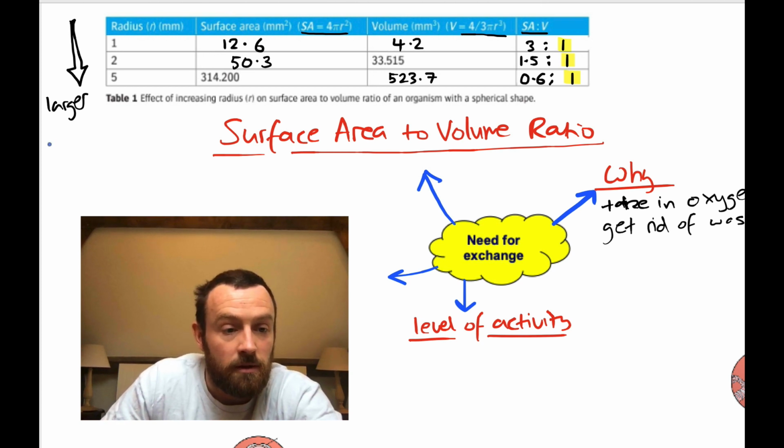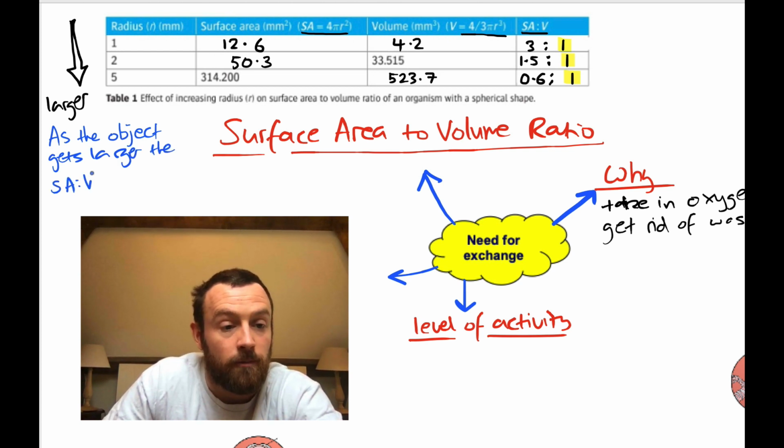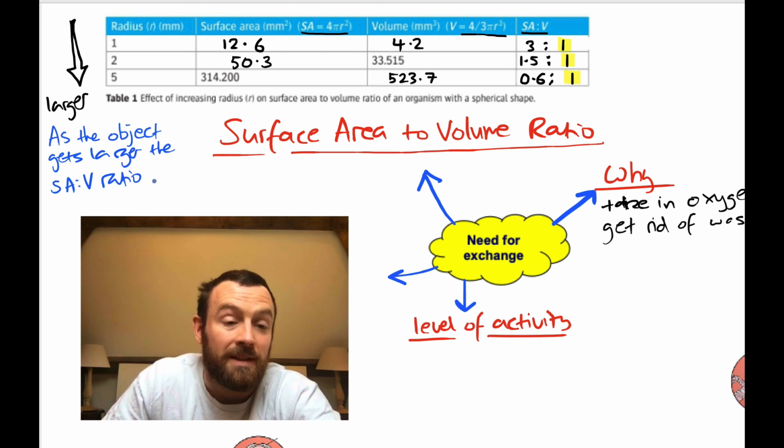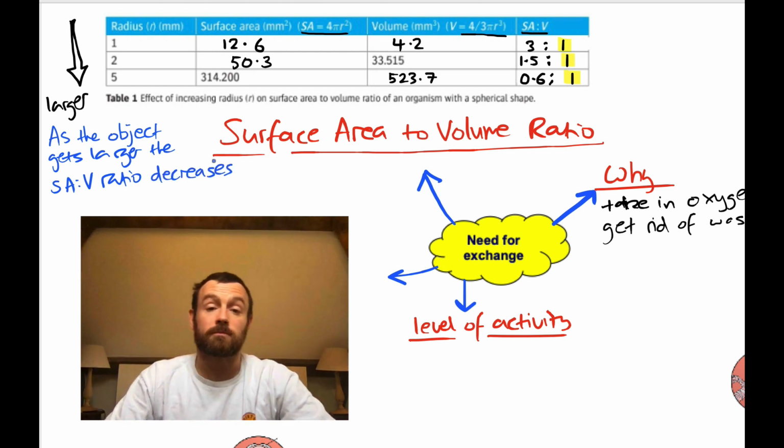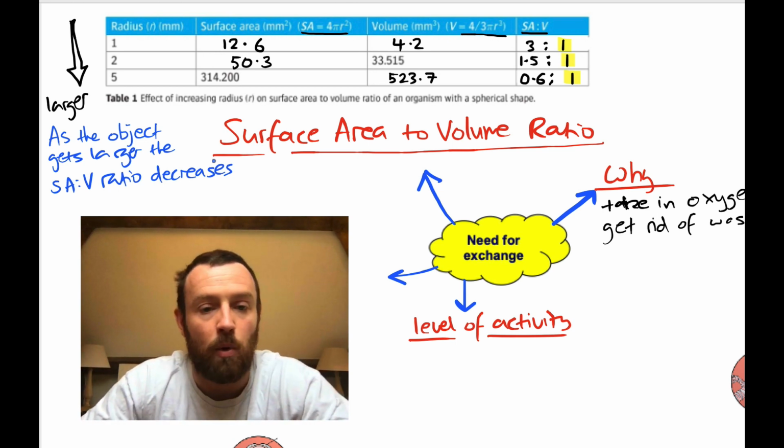So as the object, any object, gets larger, the SA to V, so that's the surface area to volume ratio, decreases.